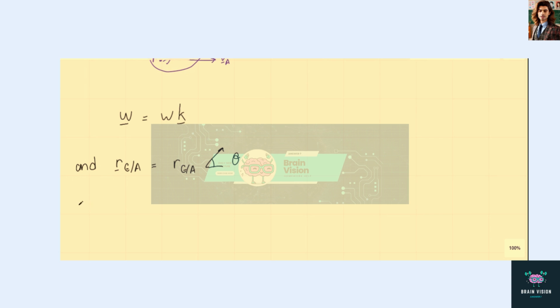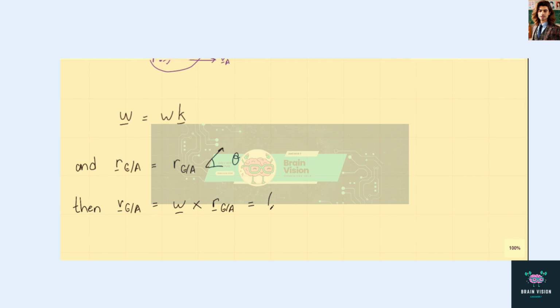So what this tells us is that the velocity of the mass center relative to point A, V_GA, is the angular velocity omega crossed with r_GA.